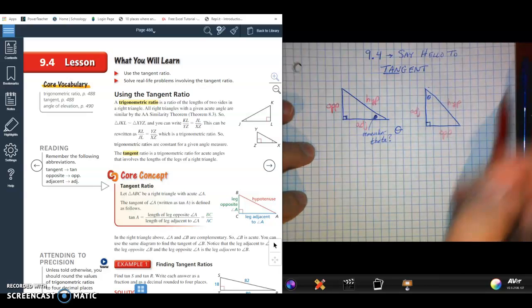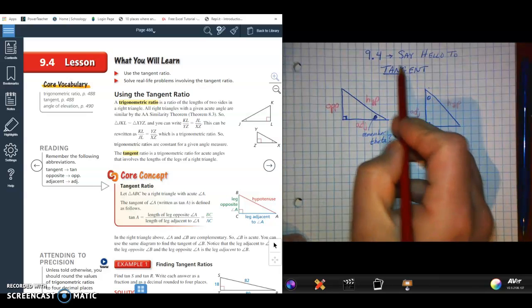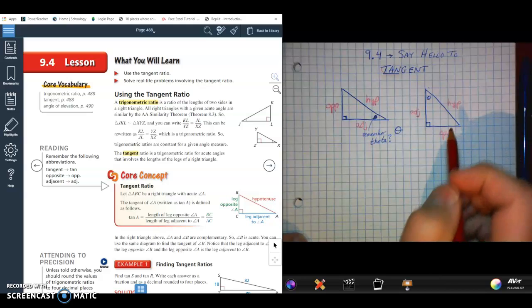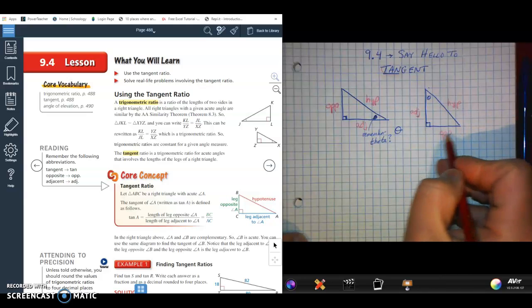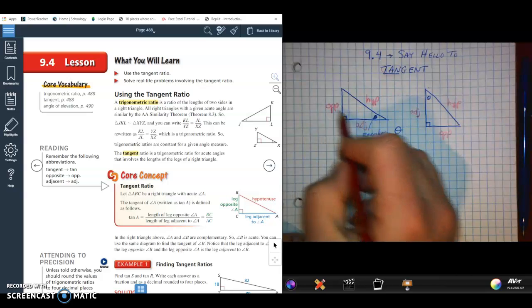Now, with tangent, it's important that the relationship we refer to is always the ratio of the opposite and adjacent pieces.